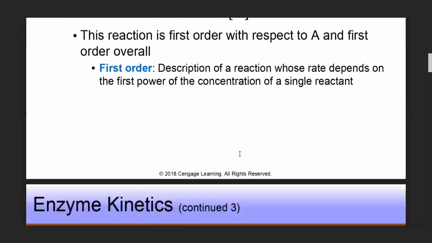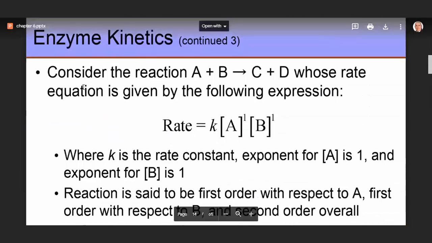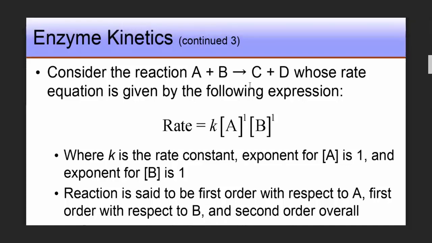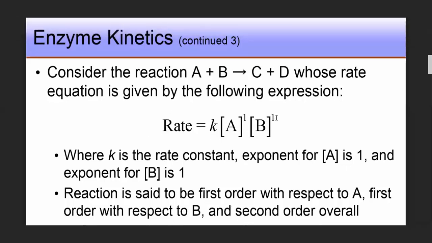Whereas if you have this reaction, A plus B giving C plus D, whose rate equation is given by the following expression, rate equals K times A to the power 1 times B to the power 1.